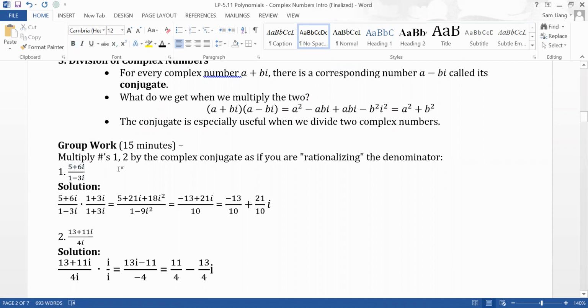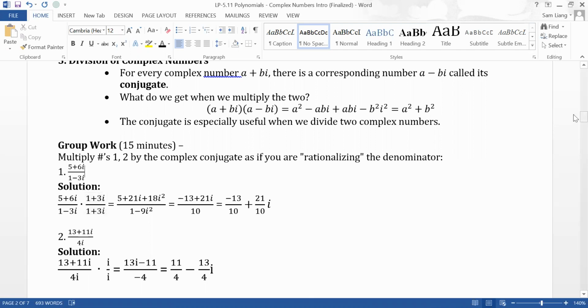What you actually do is multiply by the conjugate of the denominator. That'll get rid of the imaginary number in the denominator. It's kind of like rationalizing a fraction, where we don't want a radical in the denominator.